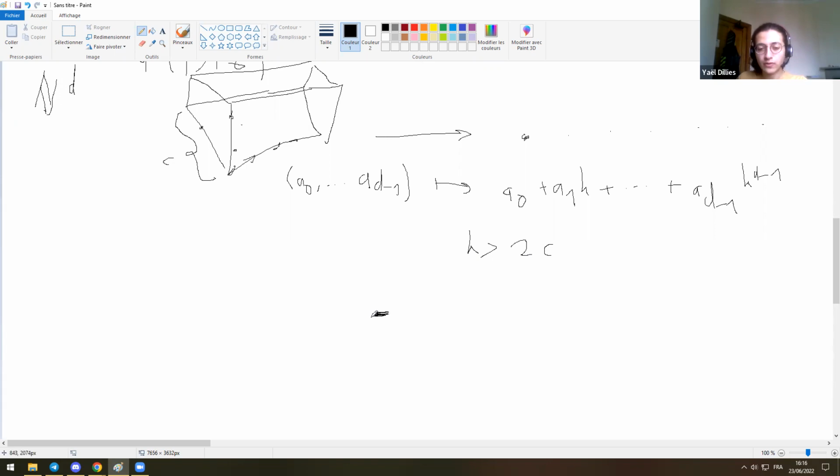Some interval of naturals, and then we skip a bit, and then we skip even more, 4C, then 4C again, and then we start doing it again, and then we skip 8C, etc. So it's quite sparse, but only by a constant factor, which will disappear in the end.